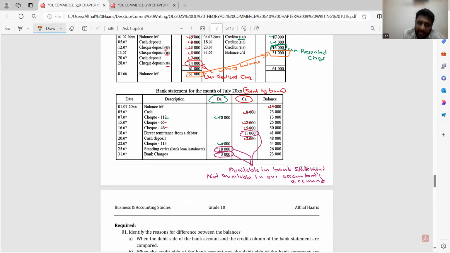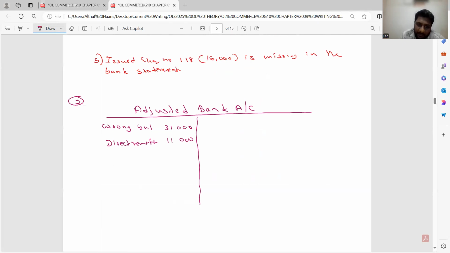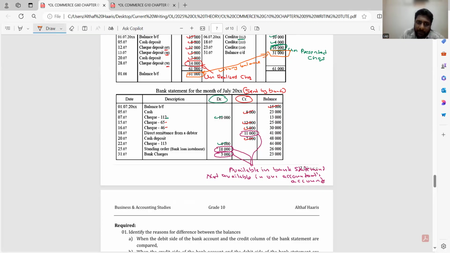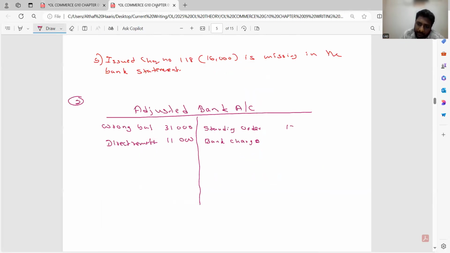Standing order and bank charges, 18,000 and 3,000. Now find out the corrected balance, people, or adjusted balance.